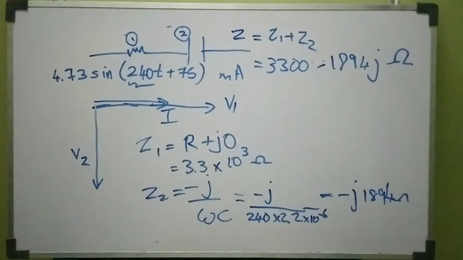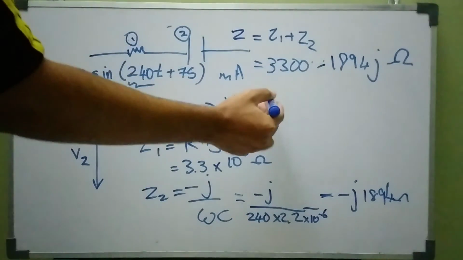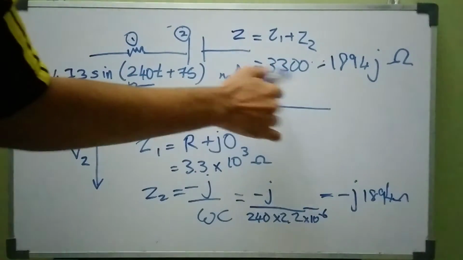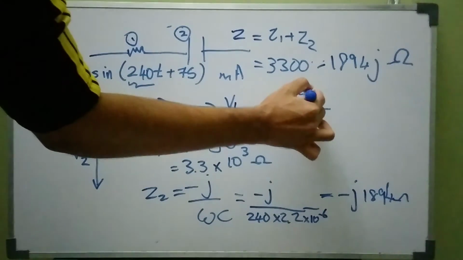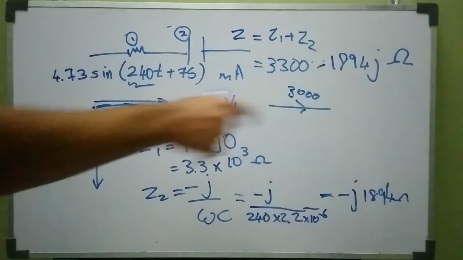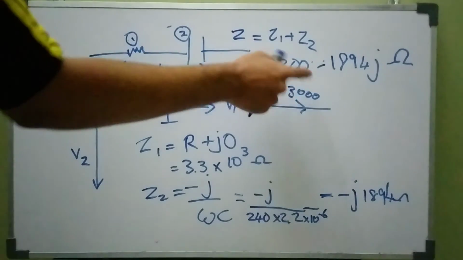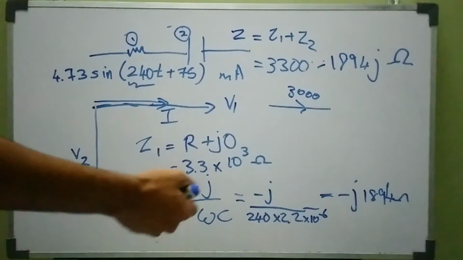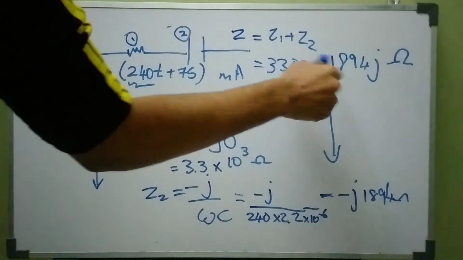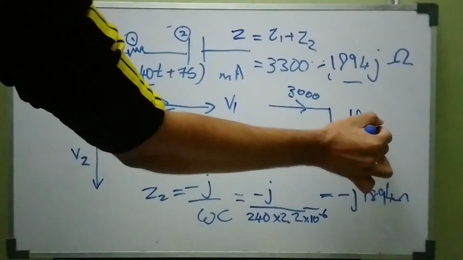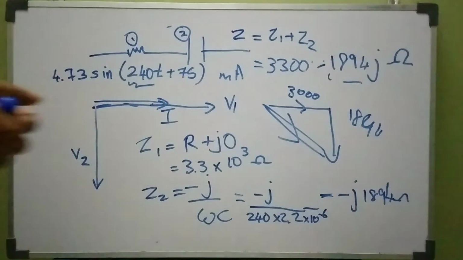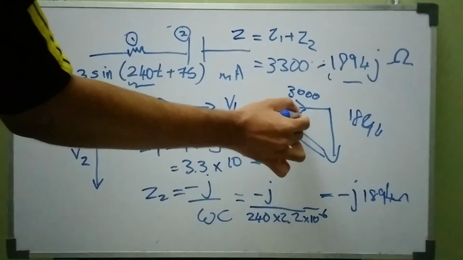As we all know, we can easily change that by using the Pythagoras theorem. If we draw the phasor for this, 3300 would be in the x direction, and here is the minus sign. So when we are considering the y-axis, it's going to be in the downwards direction, which simply means 1894. If I draw a line like this, I'm going to get an answer for this phasor.